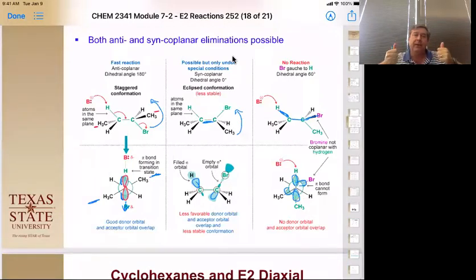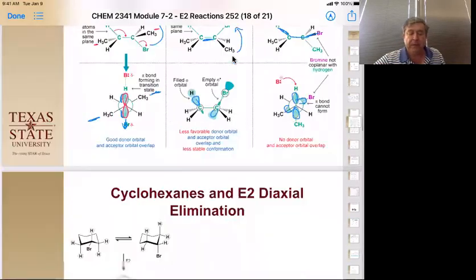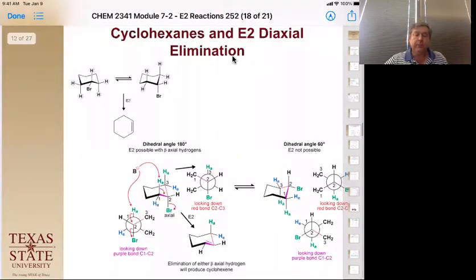I know this is a little hard. We have to keep all these things in our heads at the same time. Okay, so let's make things easier by turning them into a ring. So when we turn them into the ring, we have hydrogens we can eliminate, but we can actually know which hydrogens we can eliminate because we're looking for that 180 degrees apart, right?